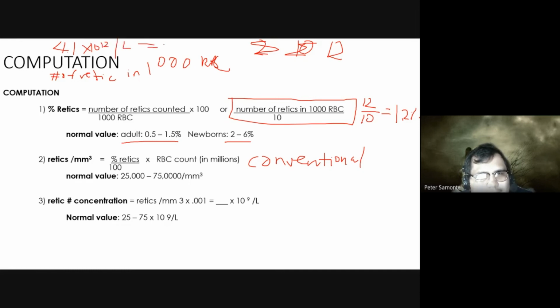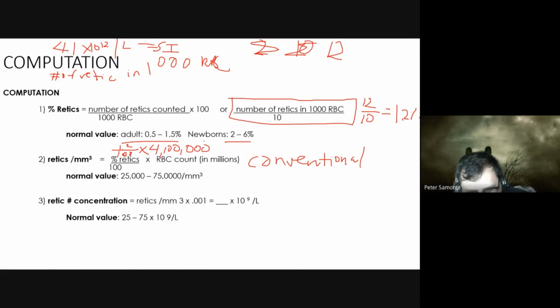So this is the SI. Gawin nyo lang siyang conventional. So 1.2 divided by 100 times the conventional nito is 4,100,000. You would get, calculator natin.